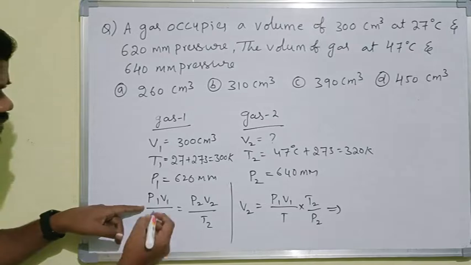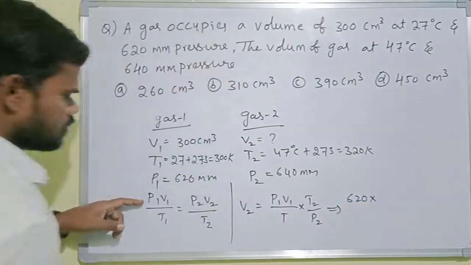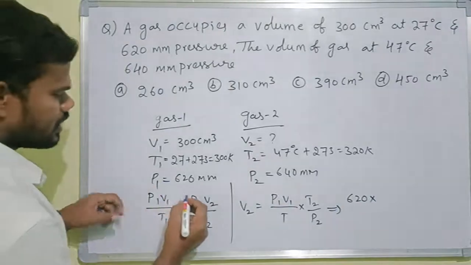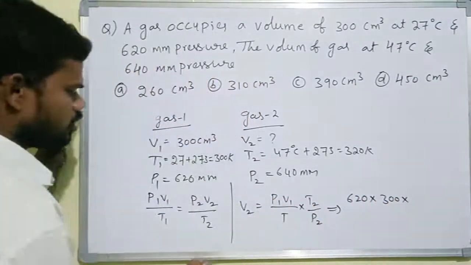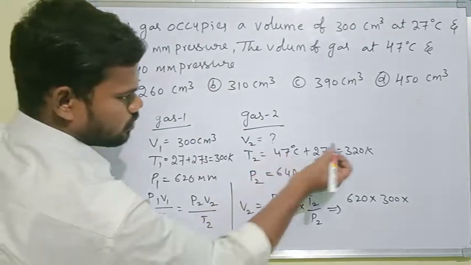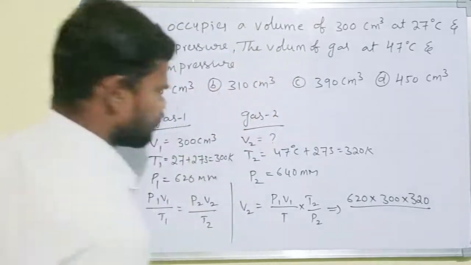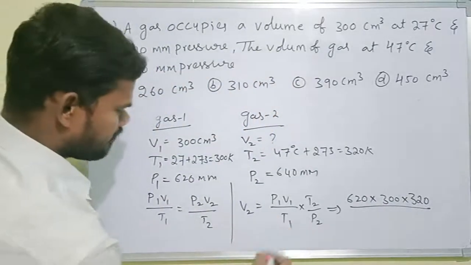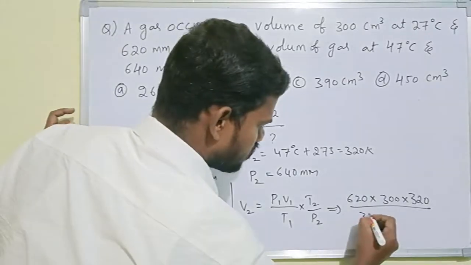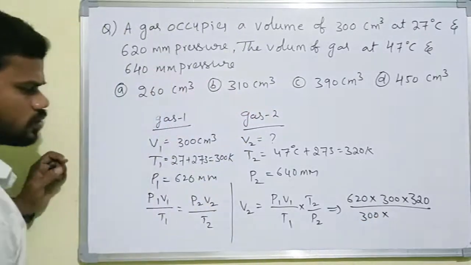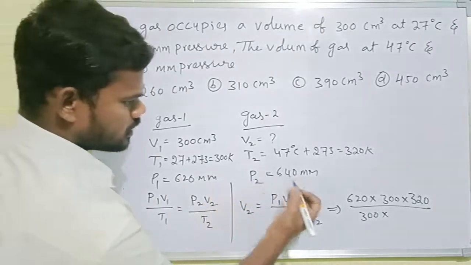How much is P1? 620 mm. V1 is 300, into T2, which is 320, divided by T1, which is 300 Kelvin, into P2, which is 640.